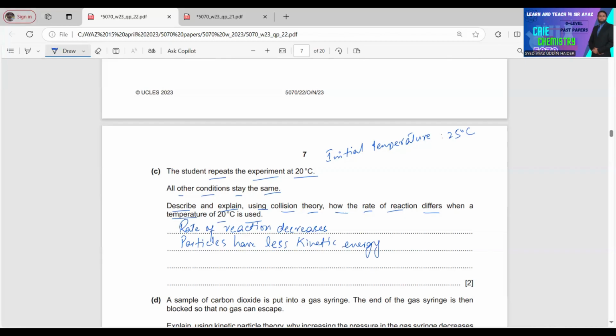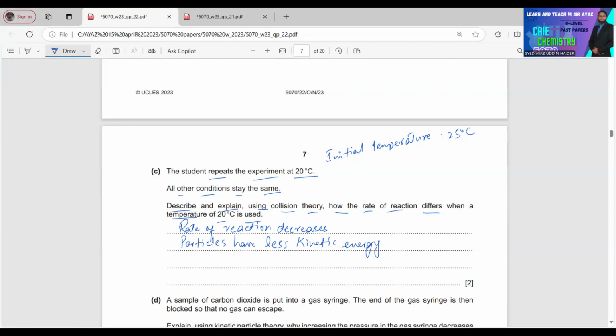One more statement is needed here. So you'll write involved particles with equal or more than activation energy. So here you are having fewer particles having equal or more than activation energy.